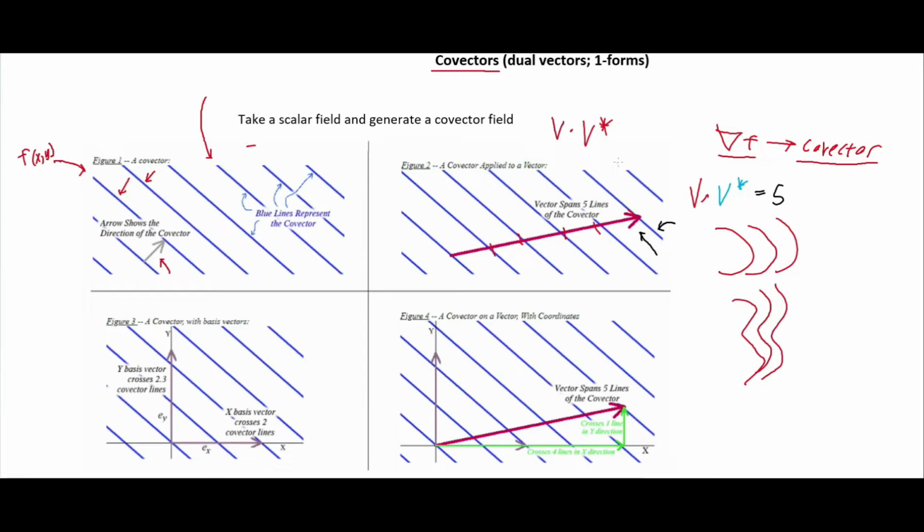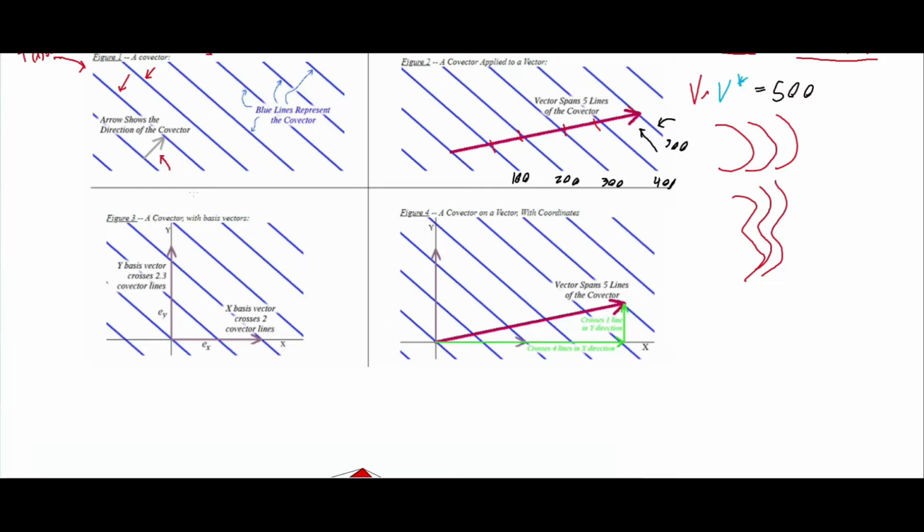And in fact, if these lines represented something other than just 1, so say it was like 100 and 200 and 300 and 400 and 500, so it's spanning each of those lines, this would then become 500. And so that is how the dot product actually works, sort of geometrically thinking.